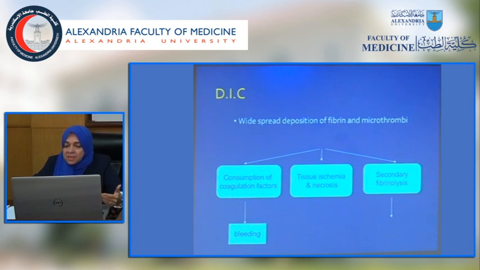Then there will be secondary fibrinolysis, because the body will not stay like this. The body will defend itself by trying to lyse these extensive microthrombi through the microvasculature, so there will be initiation of this secondary fibrinolysis with secondary bleeding.